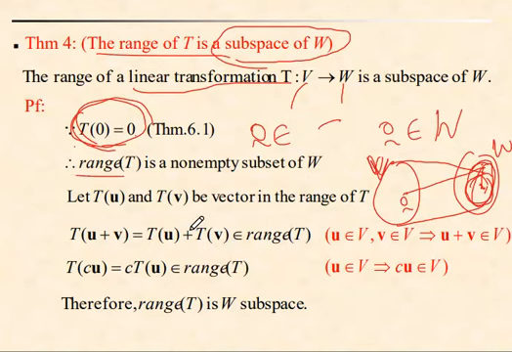Then the next step: pick any two elements in the range. Now you have to show the addition of these two elements belongs to the range of T. All right, because T is linear, you can pull out T in this way.